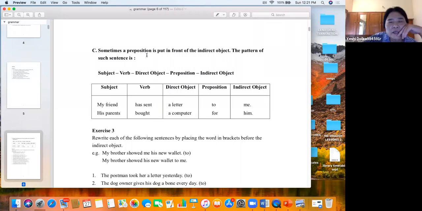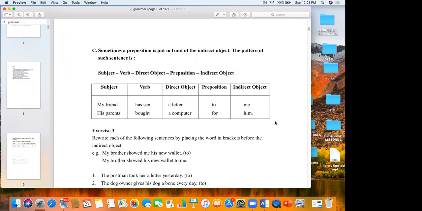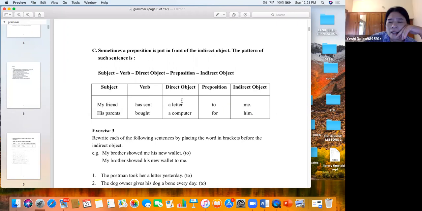The subject, verb, indirect object: my friend has sent me a letter. That is the previous pattern. Now you can write the same sentence by using "to" before the indirect object. So you say, my friend has sent a letter to me.